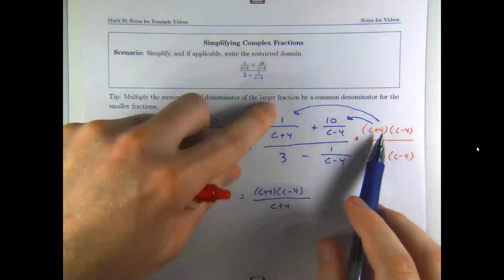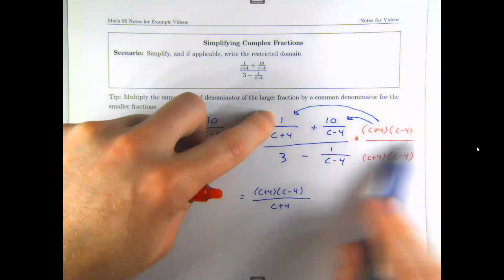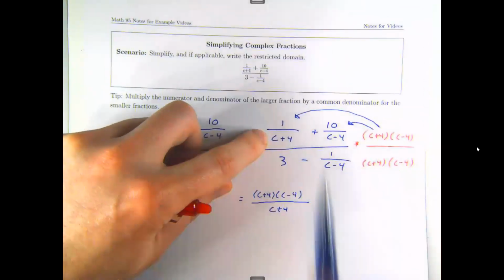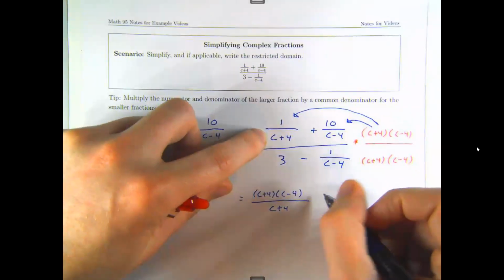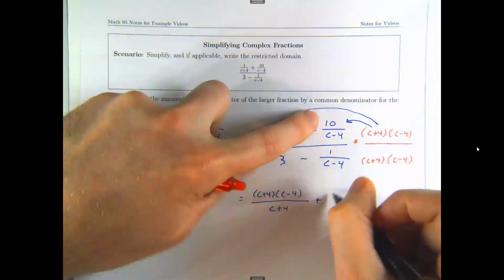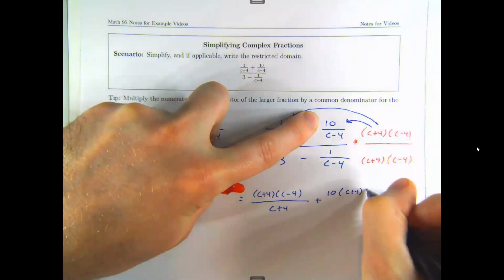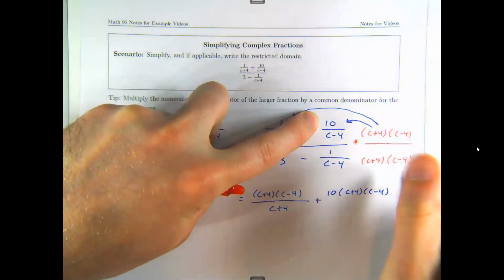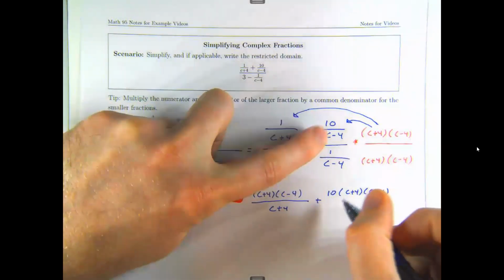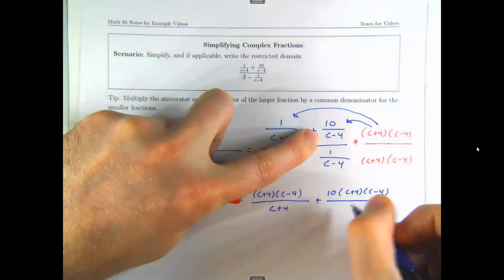So when I'm multiplying this out, I had 1 times this, or just this expression. I'm leaving that denominator the same, just for a second. Second piece, I have 10, and still the same c plus 4, c minus 4 business going on. The denominator here remains c minus 4.